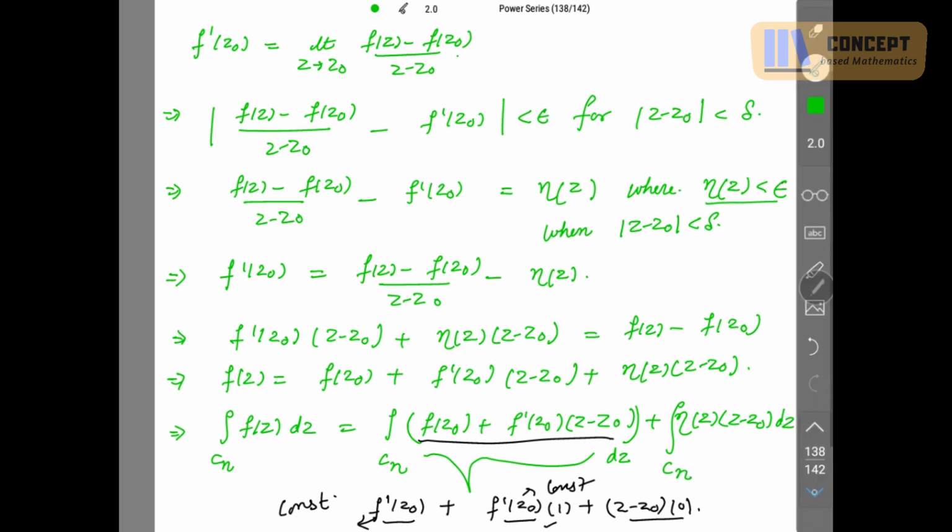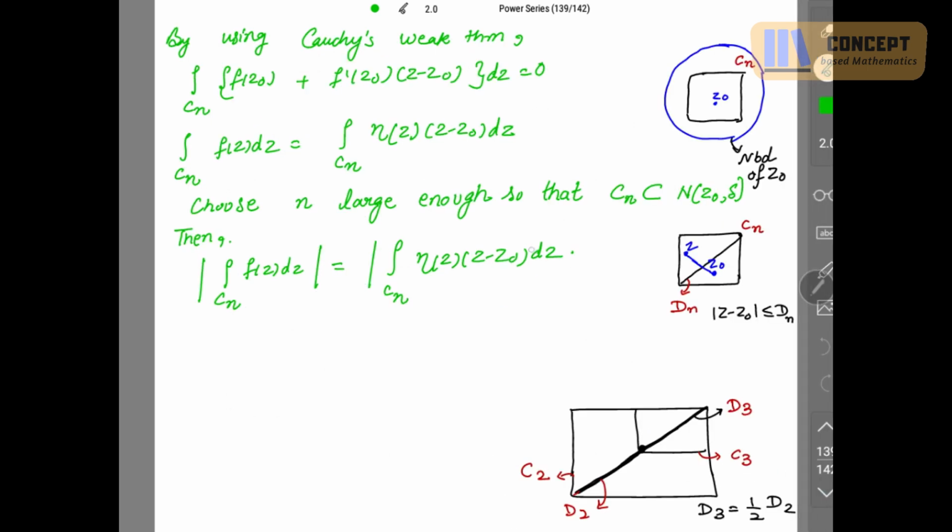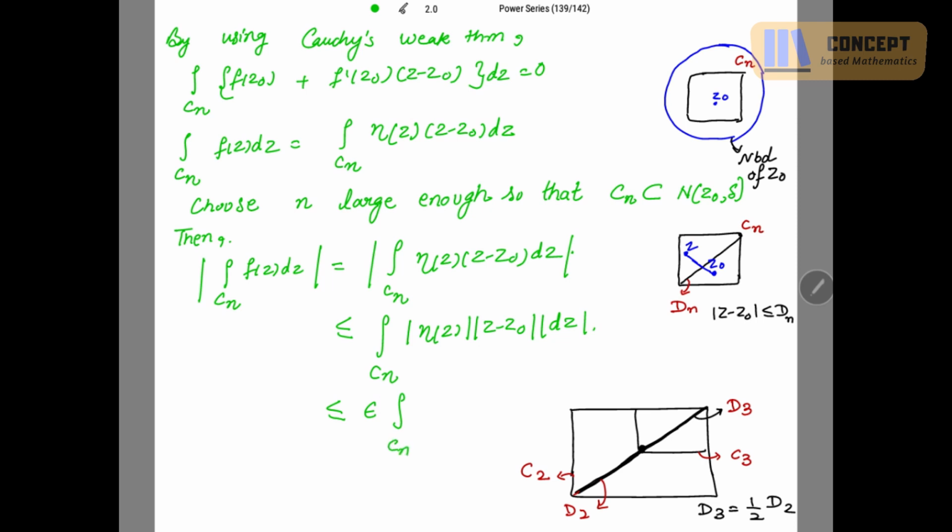Using this, this mod is less than or equal to the integral over Cn of mod eta of z, mod of z minus z0, and mod of dz. Now this is less than or equal to epsilon times the integral over Cn of mod z minus z0 times mod dz.